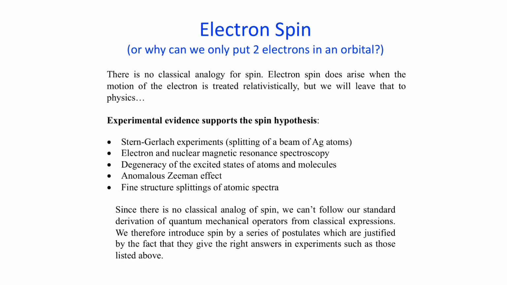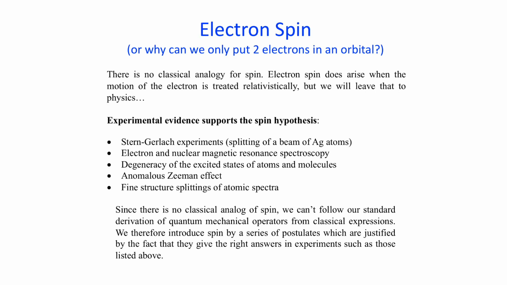So spin actually gained acceptance via a number of experimental results that support the existence of spin, and those are listed here. The Stern-Gerlach experiments, which is the splitting of a beam of silver atoms, and electron and nuclear magnetic resonance spectroscopy, so all the NMR work that you've been doing over the years is an experimental case for the existence of spin.